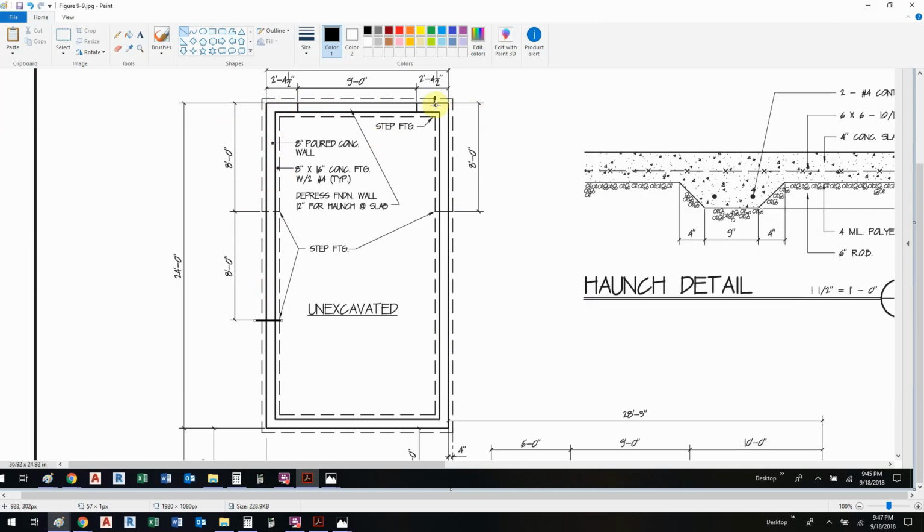So if we were to pull a measuring tape from here to there, this line, if this is perfectly square right here, a right angle, then this is going to be 20 feet. If it's not, then we're going to move this point or this point. Generally, we establish a point.